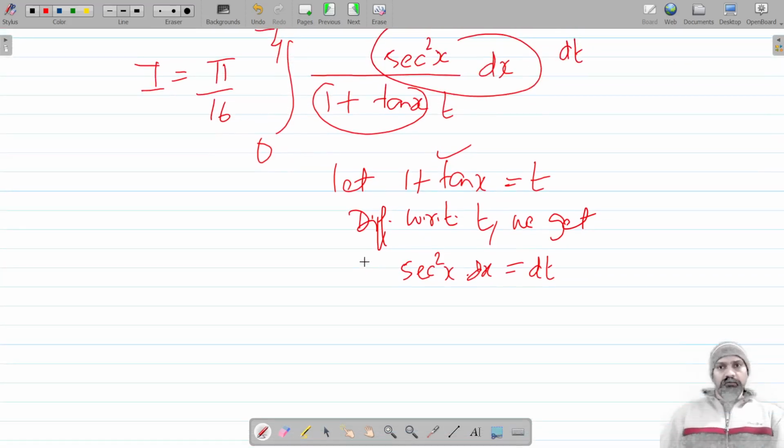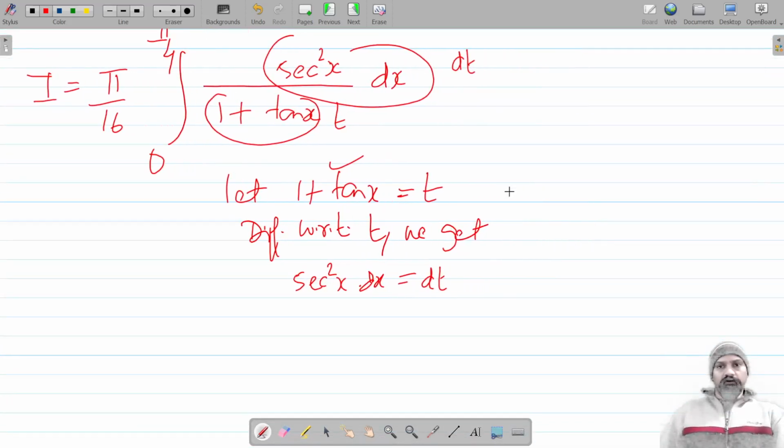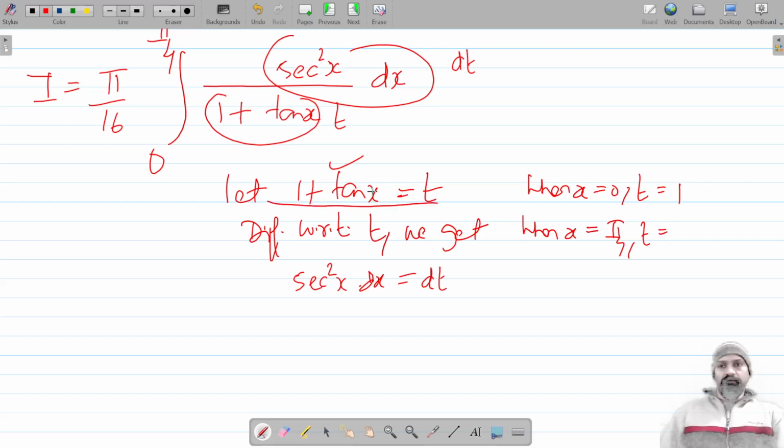And let's get our new limits as well. When x is equal to 0, tan 0 is 0 and t is 1. And when x is equal to pi by 4, tan pi by 4 is 1, so t becomes 2.